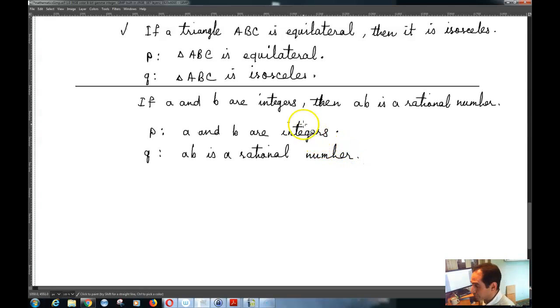And of course you know that the product of two integers is always an integer. And an integer is always of course a rational number, because for example, suppose that you have 2 times 3. These are 2 integers. It's equal to 6. This is an integer. Now 6 is the same thing as 6 divided by 1, which is of course a rational number.